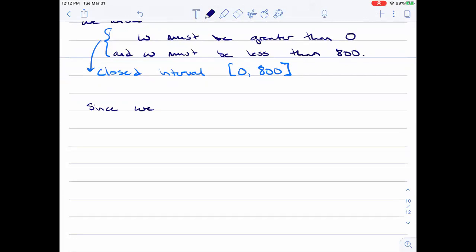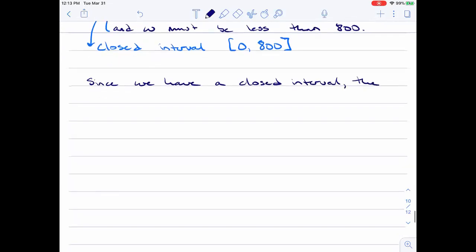So since we have a closed interval, the closed interval method might be the easiest.